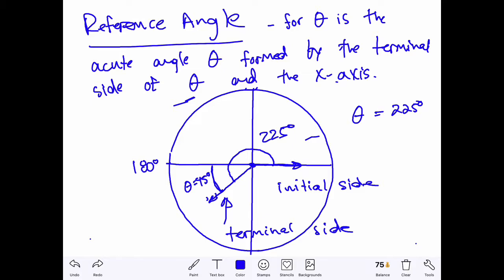And this is going to be essential as we start constructing the special triangles on the unit circle in quadrants other than the first quadrant. Okay, let's continue with our investigation of the reference angle. Let's do a couple more here.